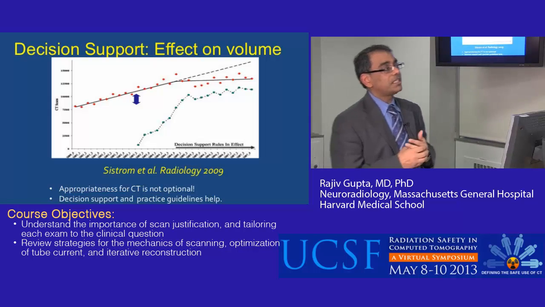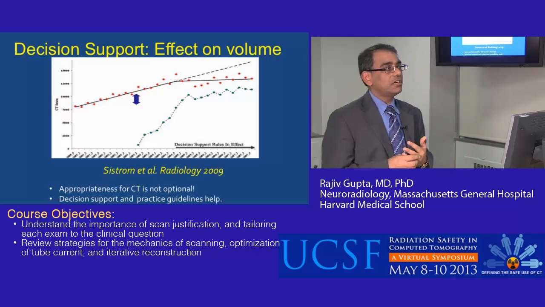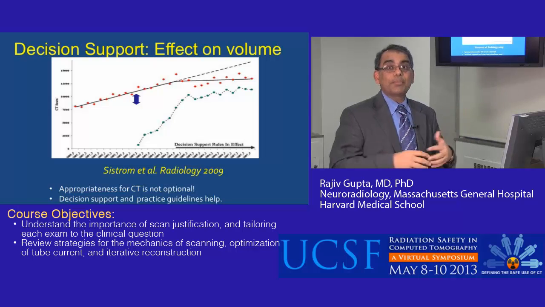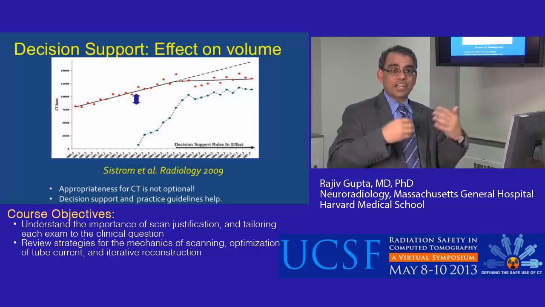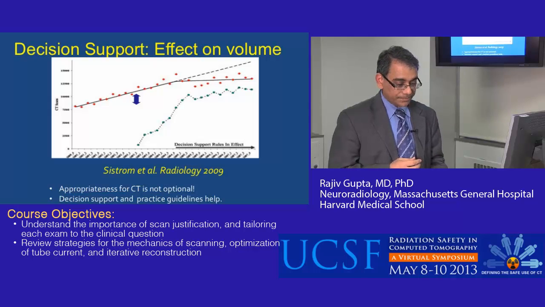So, we have found that decision support is a very effective strategy for controlling the overall CT volume, and is perhaps the best way to control CT dose at a population level. It would not affect dose at an individual level, but at a population level, this definitely has an effect.